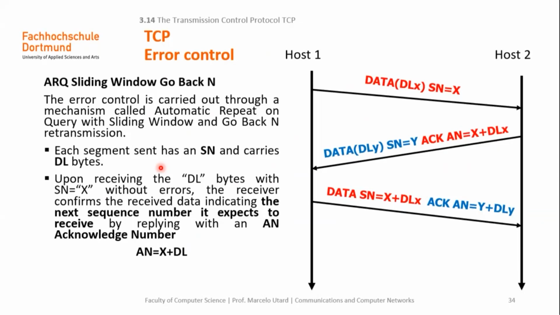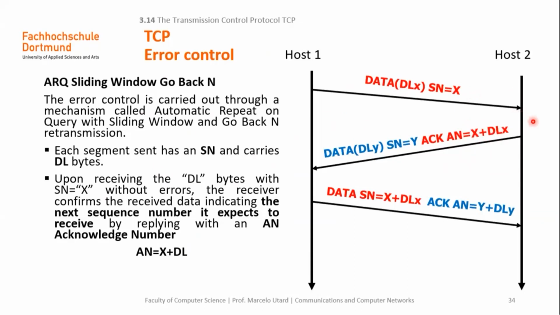That is, the data is sent, and we typically expect to receive the confirmation of the correct reception at the other end, receiving an acknowledge that indicates which is the next octet that the receiver expects to receive, and then the previous octet sequence numbers are correctly received and stored in the receiver buffer.